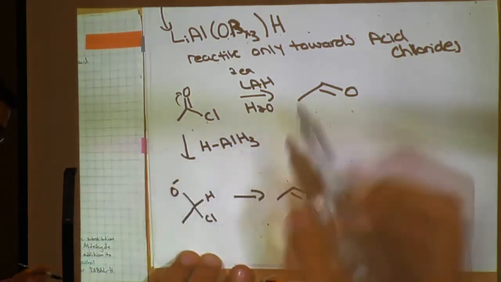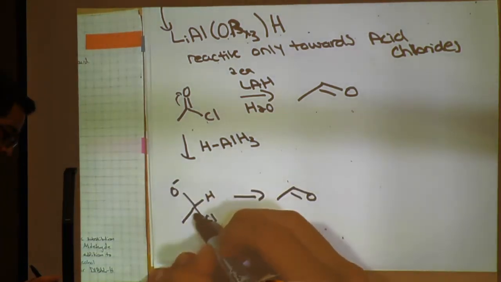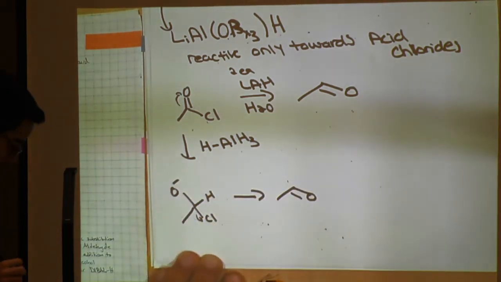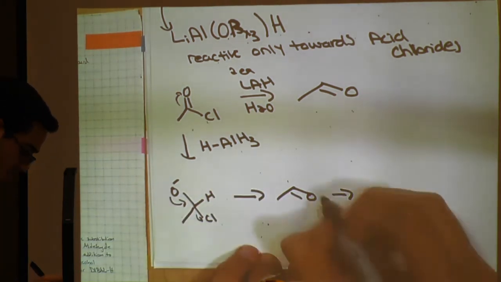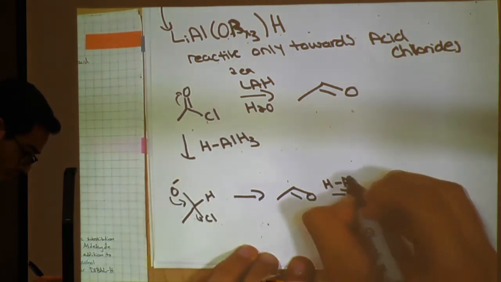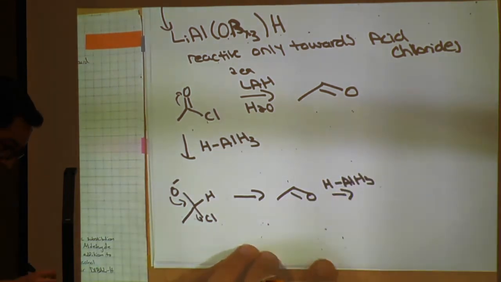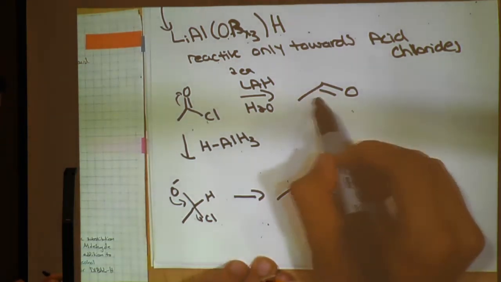So that goes, this cuts like so, and when this comes back down, we react it again with LiAlH3, and that's the intermediate step.